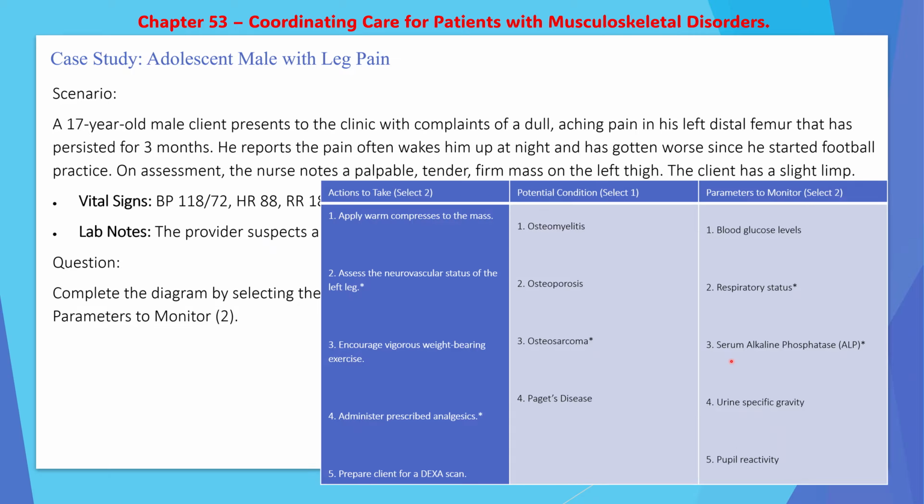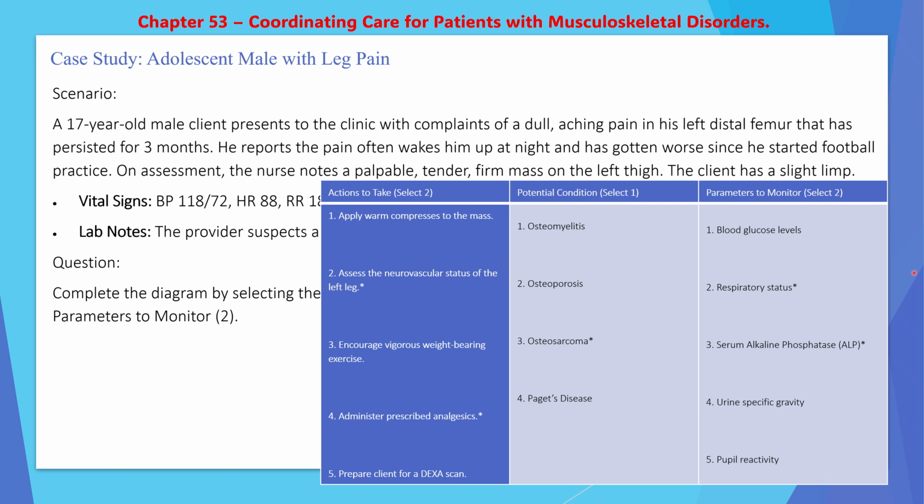The next one is the serum alkaline phosphatase, the ALP. The text indicates that ALP and lactate dehydrogenase, the LD, levels are frequently elevated in osteosarcomas due to increased enzyme activity and deterioration of the bone.